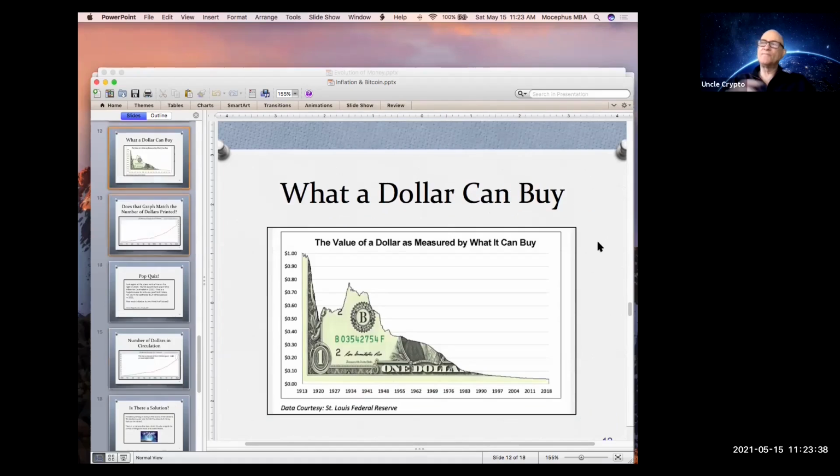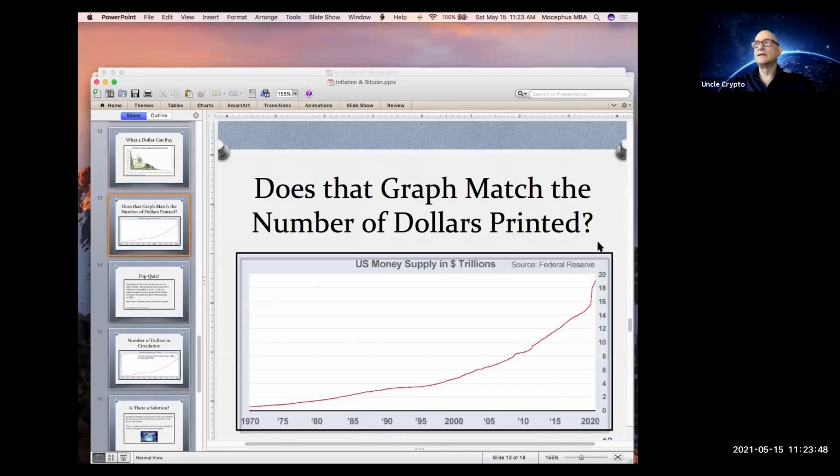Now, remember that I said it's more dollars being printed and that's what reduces the value of the dollar? Let's see if that's true. Let's look at a graph of money printing. Once again, this graph is from the Federal Reserve Bank. I didn't make it up. It's the US money supply in trillions of dollars. And it starts in 1970 and it goes to 2020.